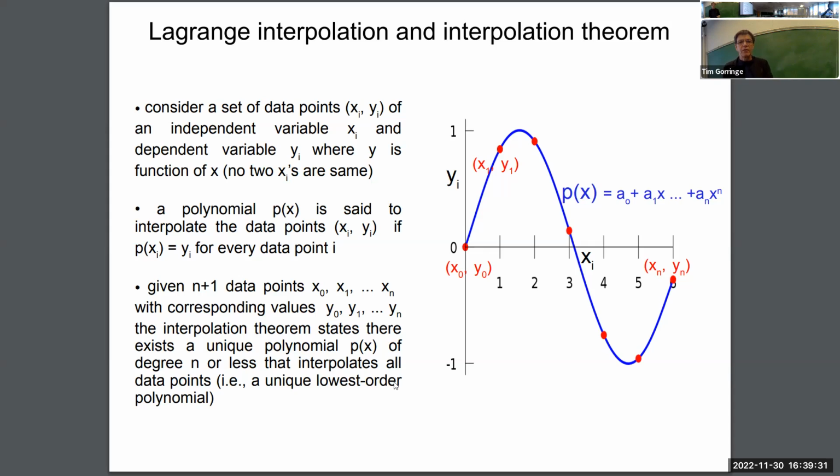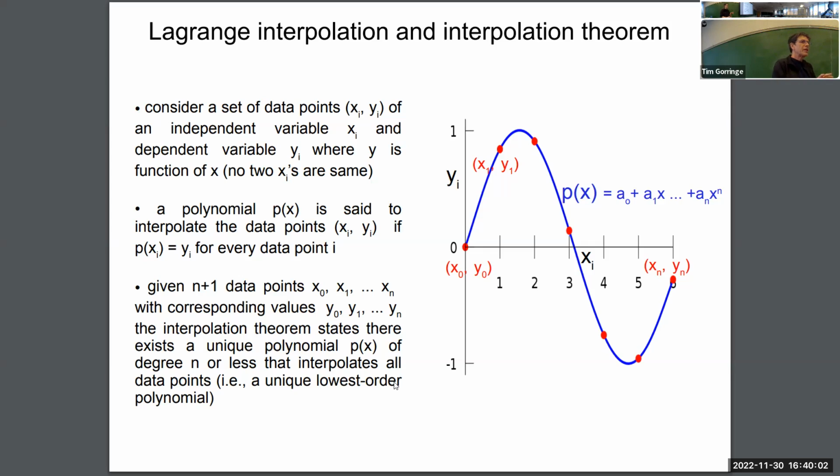So if you had 2 data points, for example, an obvious case, there would be a unique polynomial that you could pass through those 2 data points that has an order of 2 or less. So it could be a linear term and a constant term. That makes sense, right? If you've got 2 data points, you can draw a straight line through them.